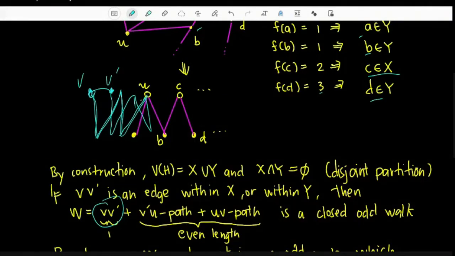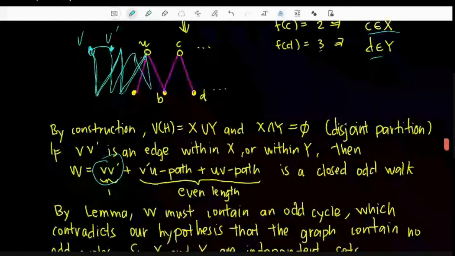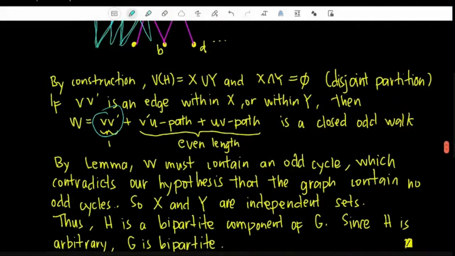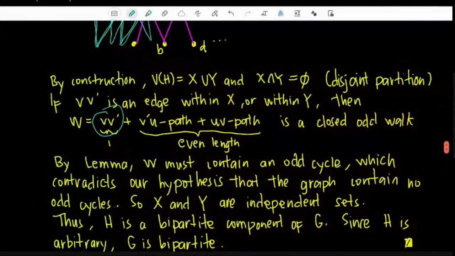So whenever we have an edge, either within X or within Y, we can always create a closed odd walk using the UV path, the UV prime path, and the edge VV prime. That's already a contradiction. Why? By the lemma, the walk must contain an odd cycle because it's a closed odd walk.